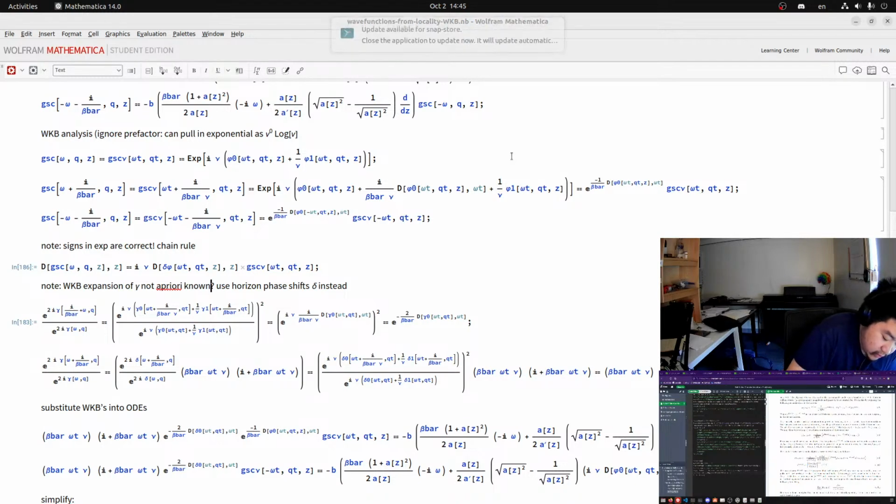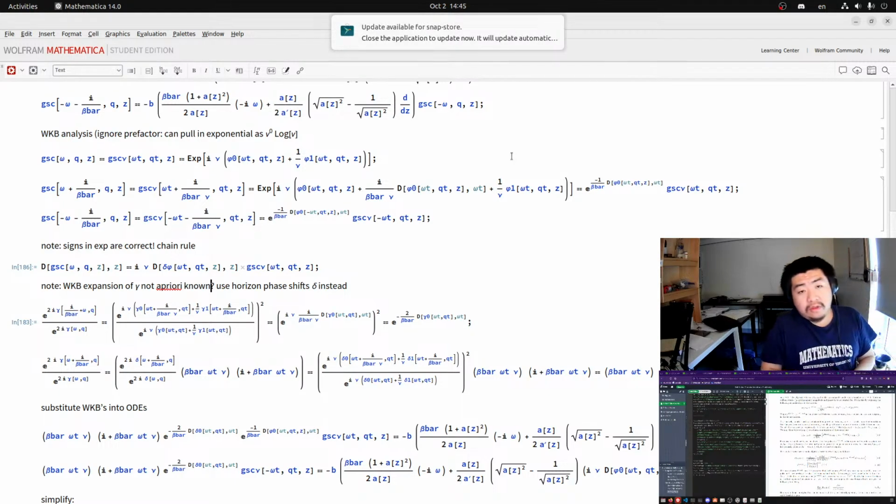Yeah, they're going to be log terms that contribute. But those will be lower order. I think so. Those will be suppressed.